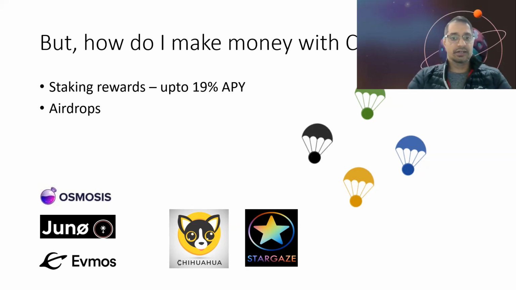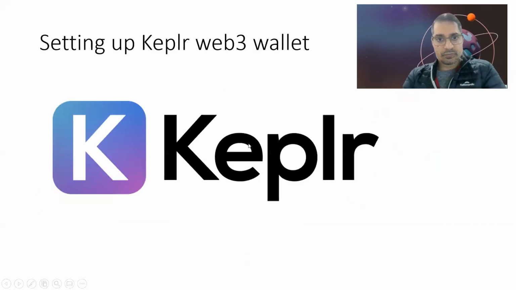So not only the stakers of Atom coin, but also the stakers of Osmo and Juno tokens, and maybe even Evmos tokens. So you will need to set up a Web3 wallet.